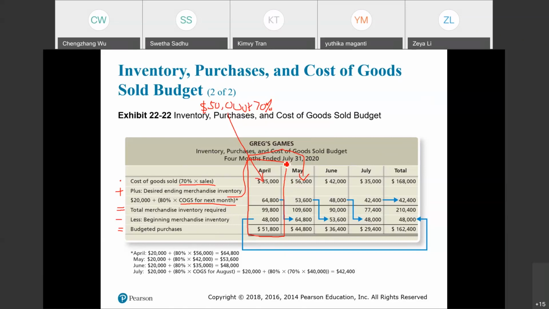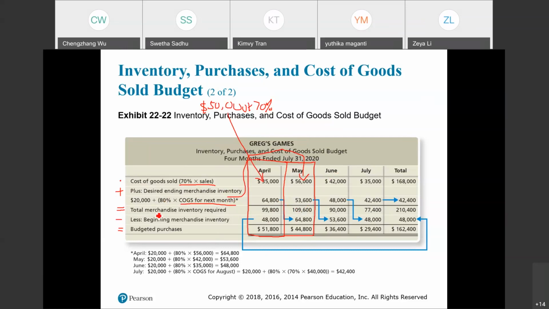Let's take a look at the numbers in May. We have COGS, that is 70% times budgeted sales in May. We get 56,000 plus desired ending merchandise inventory, that is 80% of COGS of next month. Here, next month is June.